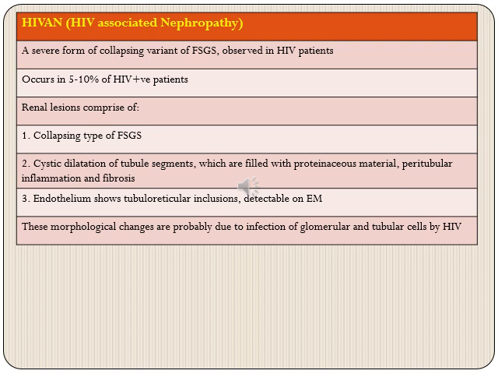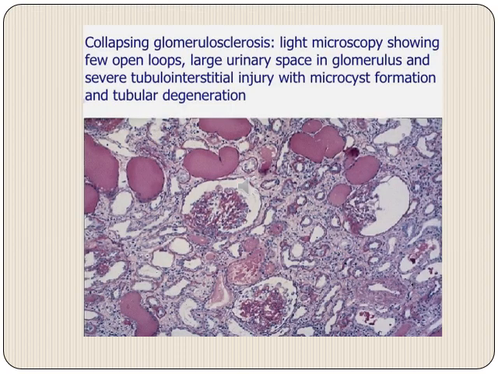So basically, HIVAN is where we have this collapsing type of severe form of FSGS, and there are tubular lesions in the form of cystic dilatation of tubular segments, which are filled with this proteinaceous material along with peritubular fibrosis.